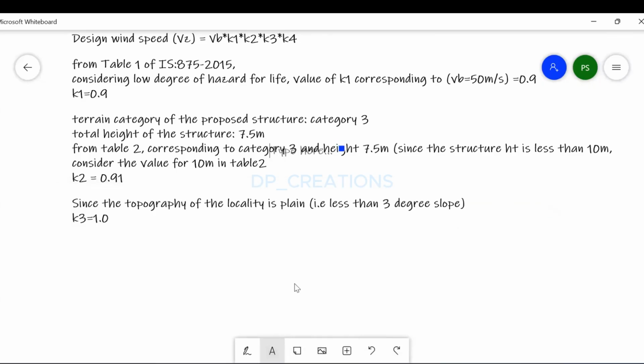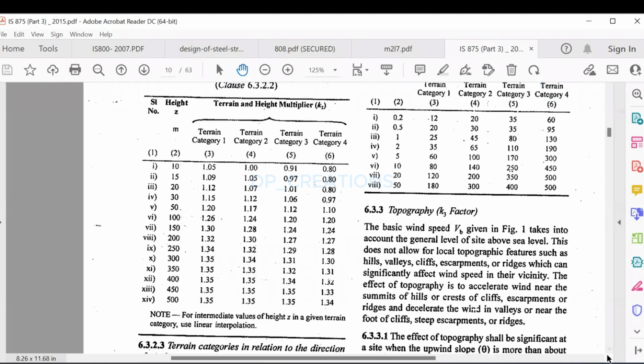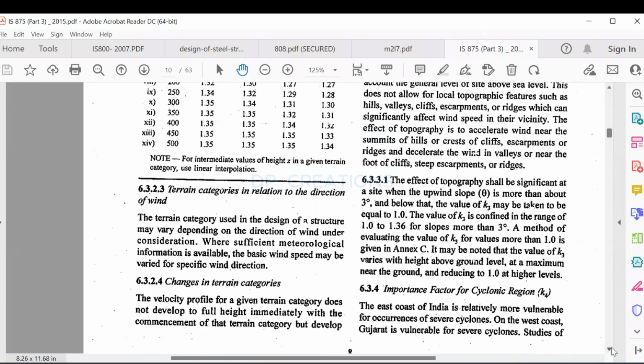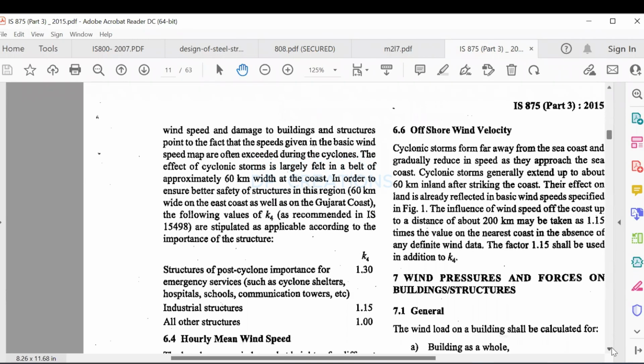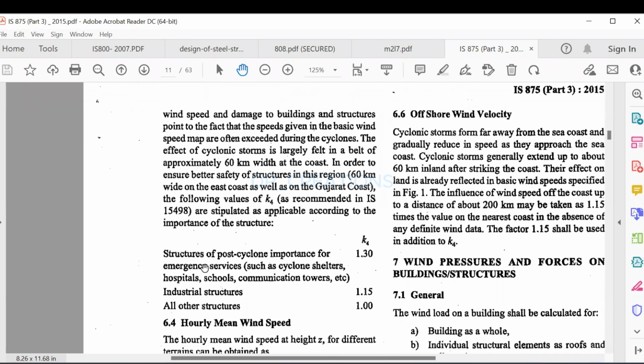Now, considering cyclonic region, then what type of structure you take? The structures of post-cyclonic importance for emergency services such as cyclone centers, hospitals, schools, communication towers, etc. So this is not our case. Industrial structure or other structure.